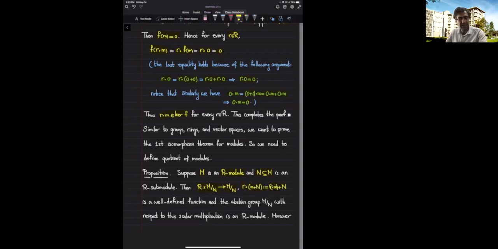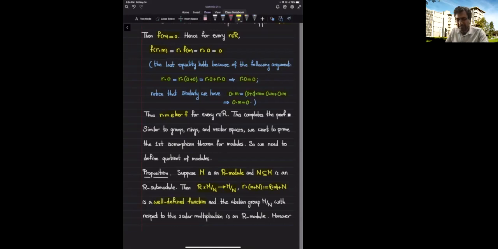Of course, it's not clear a priori why it is well defined. You can ask, what happens if I choose different representatives? If m' plus N is the same as m plus N, do I end up getting the same cosets? Of course, I'm not going to get the same coset representatives, not necessarily, but the cosets are going to be the same. That's what I need to show. So that's the first thing. We are going to show that it's a well-defined function.